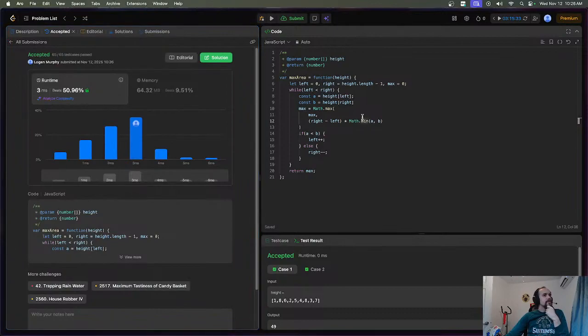Wow, I made it slower. Dang. Fine. You'd think that caching the value would be faster.